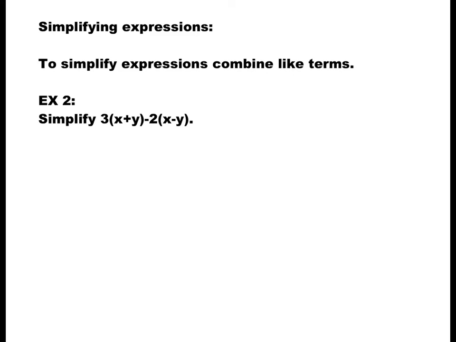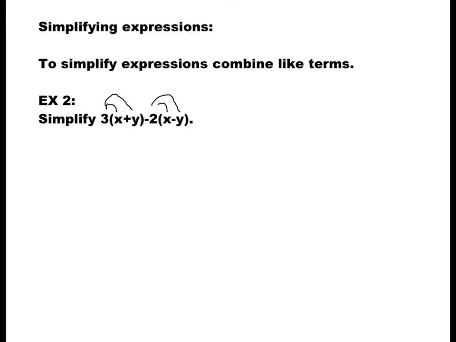To simplify this expression, I'm going to expand, or multiply 3 by everything inside the bracket and negative 2 by everything inside the bracket, and then combine like terms.